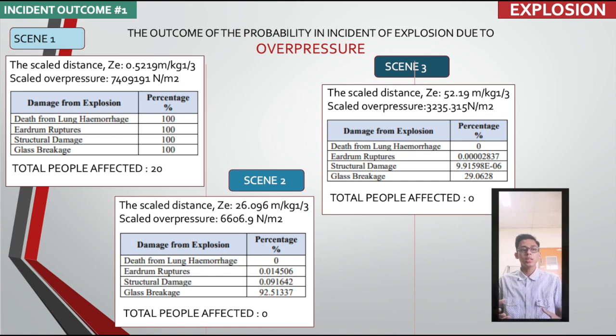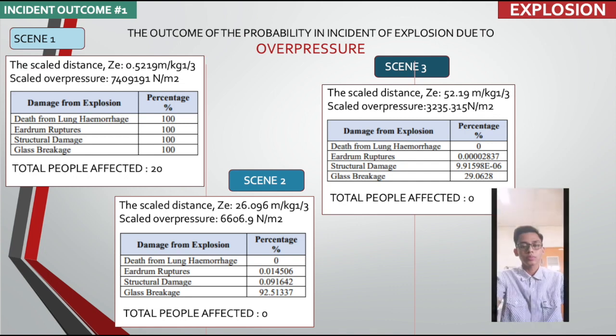After calculating the probability and percentage of death and damage, the explosion caused the death of 0 people from lung hemorrhage and eardrum rupture, and no damage to structure is done. However, the explosion caused 92% of glass breakage.